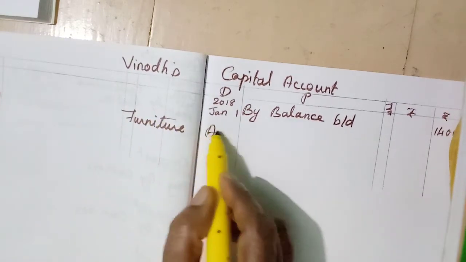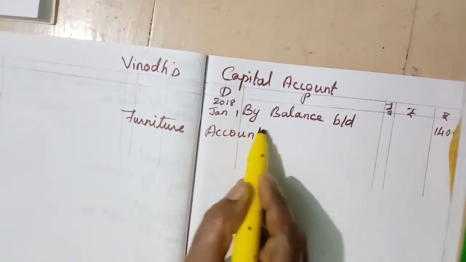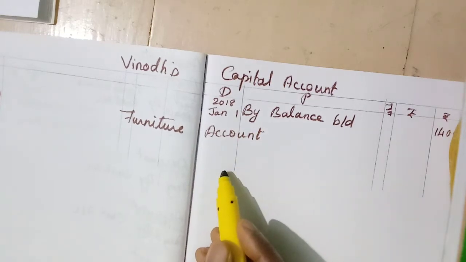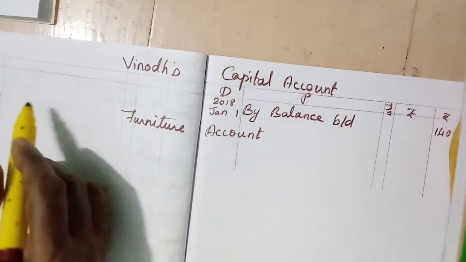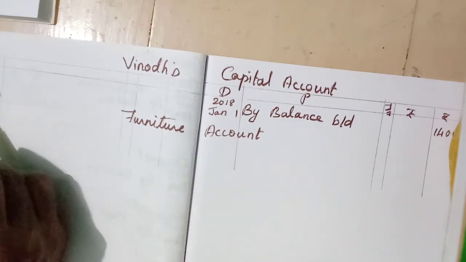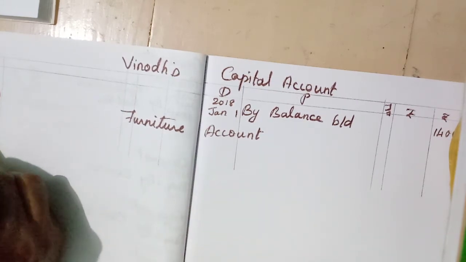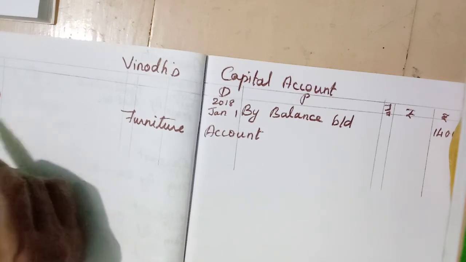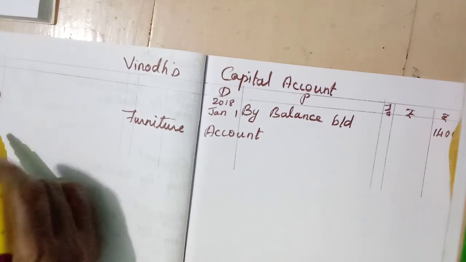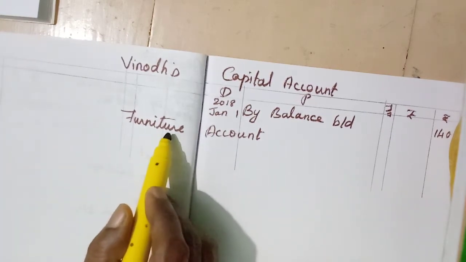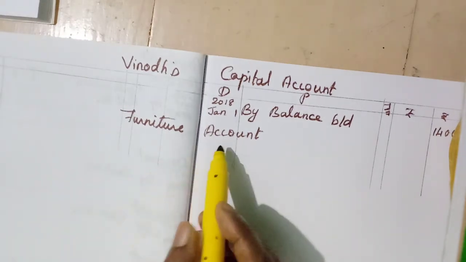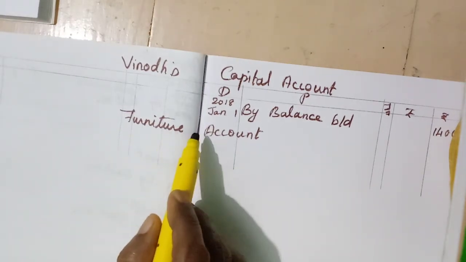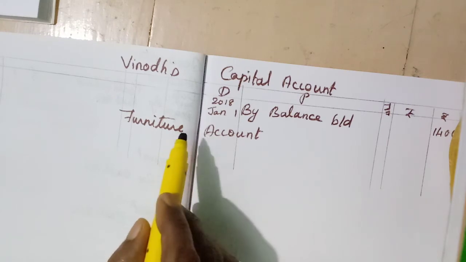What is the date? 2016, January 1. Going to write everything. Date, particulars, everything. So, furniture, what is the entry you have to do in mind? Furniture account debtor. Here, furniture in kind, opening.